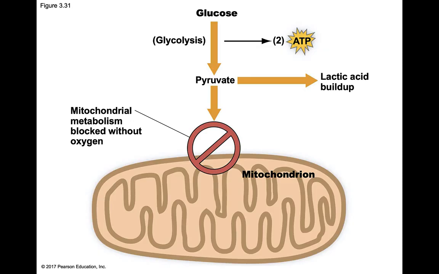When the government runs out of money, what Congress has to do is write a stopgap measure. That allows it to keep the government going. This is what the lactic acid buildup is. What we have here is a cellular stopgap measure, providing some energy through the ability to produce some ATP. And the product of that is going to be lactic acid.